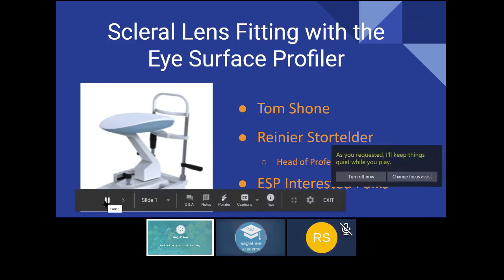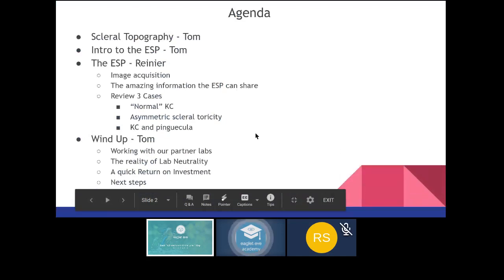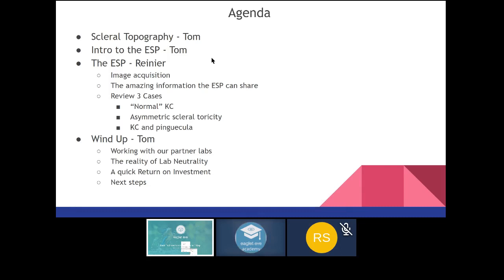And so what I'm going to do is talk a little bit about scleral topography. Then I'm going to do a quick intro to ESP, what it's all about. Then I'm going to turn the presentation over to Renier, who's going to go through image acquisition, the amazing information the ESP can share.